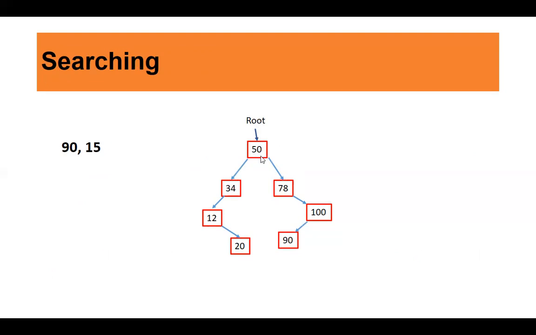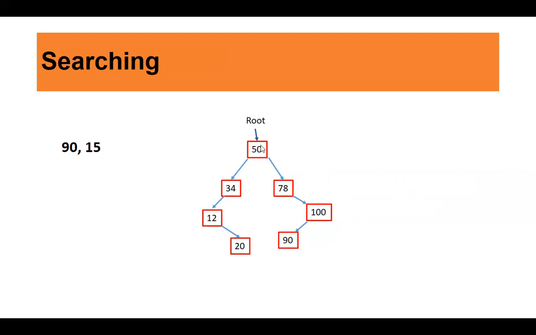The root is 50, so all its left subtree should be less than 50 and all the right subtree should be greater than 50. On the left side of the root you have 34, 12, 20, all these keys are less than 50. On the right side of the root you have 78, 100, 90, all these keys are greater than 50. So this is a binary search tree.